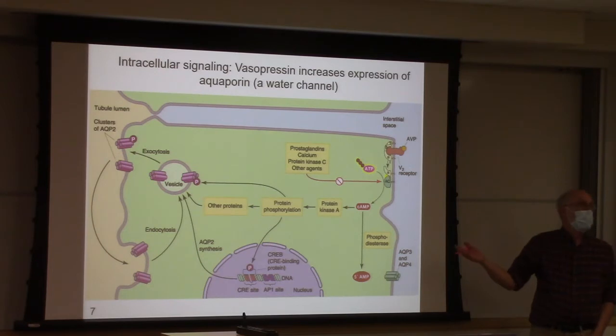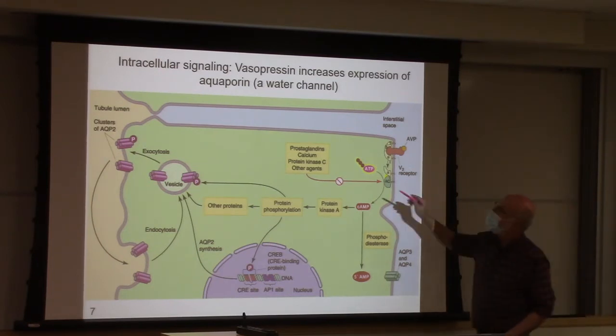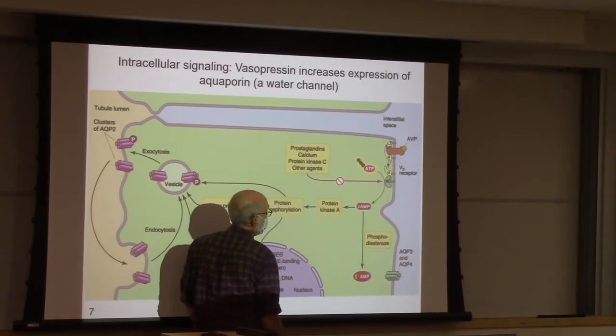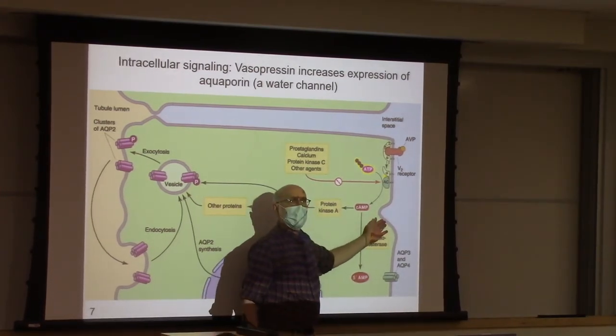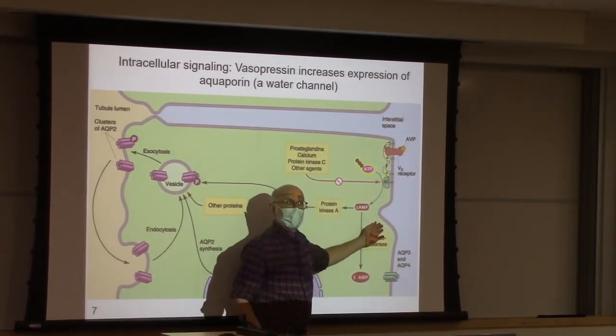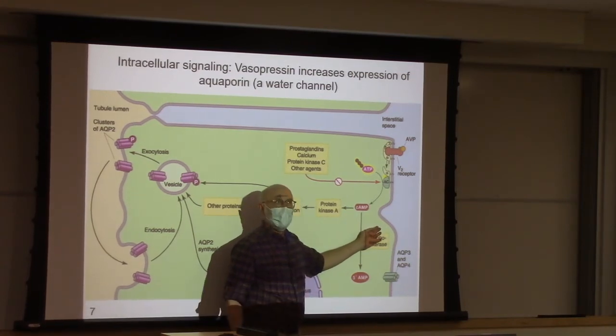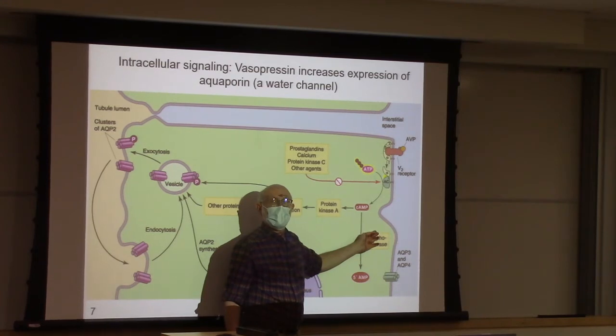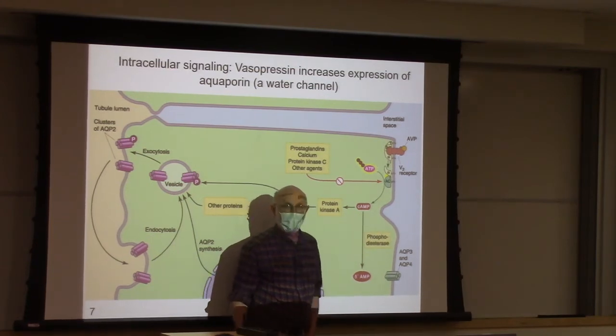And here's the slide that illustrates it. So let's get oriented. Basolateral membrane. What else would be in this membrane if I wanted to illustrate another key protein in the basolateral membrane of all epithelial cells in the kidney? The sodium-potassium pump has to be there. It's everywhere.